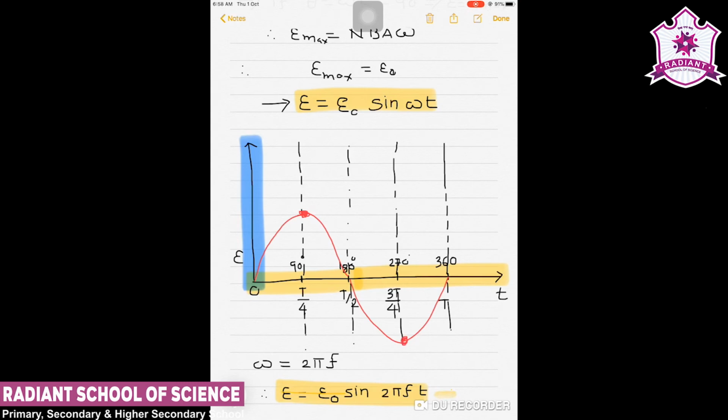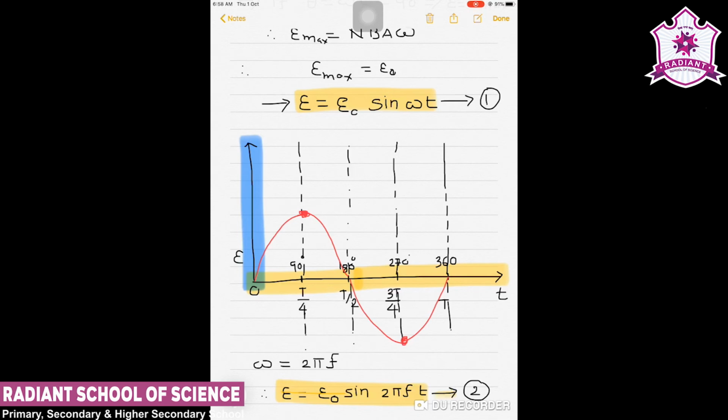Here we name them: this is equation number 1, that is E equals E0 sine omega t, and this is equation number 2, that is E0 sine 2 pi f t. In equations 1 and 2, this gives us the instantaneous value of the EMF, and E varies between plus E0 and minus E0 periodically.